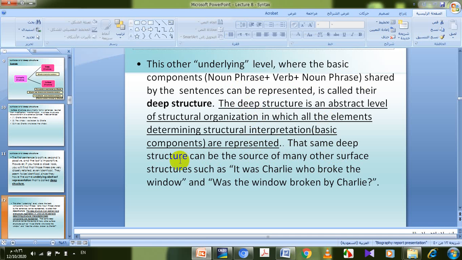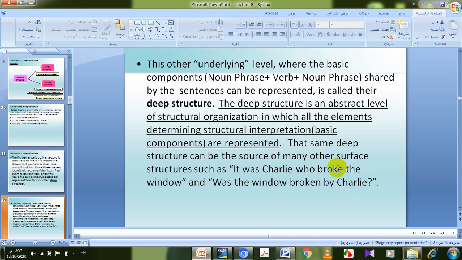The same deep structure can be the source of many other surface structures. Charlie broke the window. It's one deep structure. The same deep structure in all of them can be the source of many other surface structures, such as it was Charlie who broke the window, the window was broken by Charlie, Charlie didn't break the window, and many other sentences.